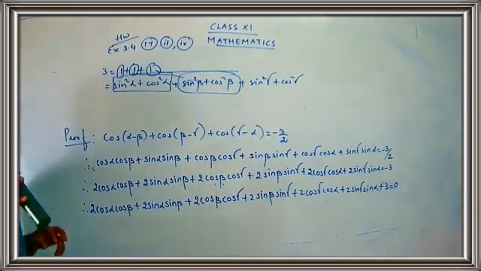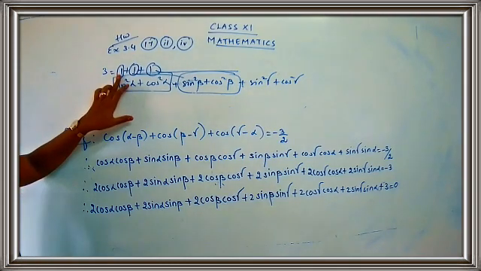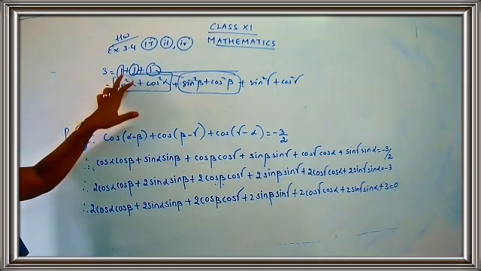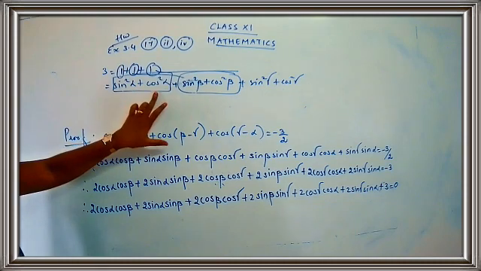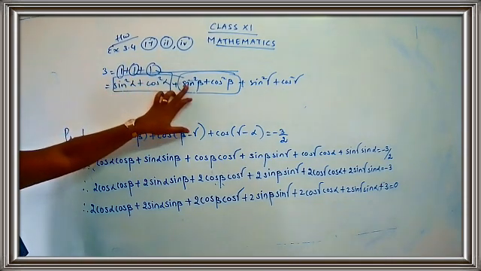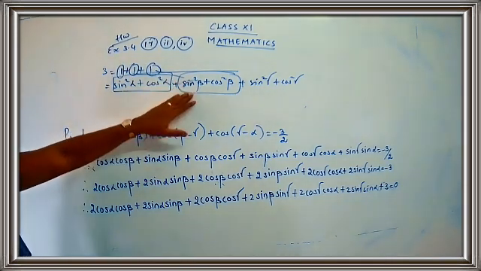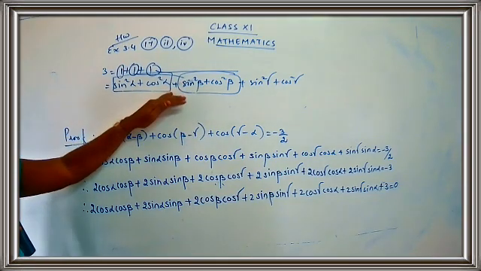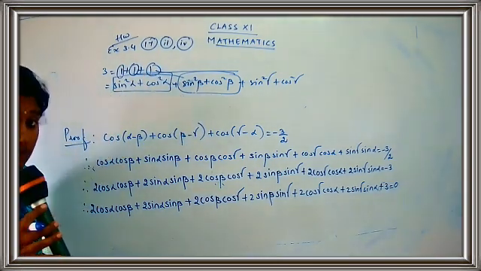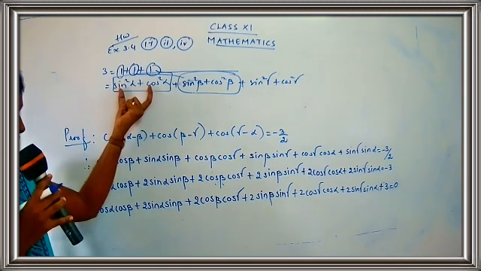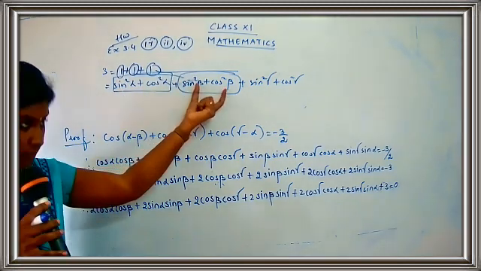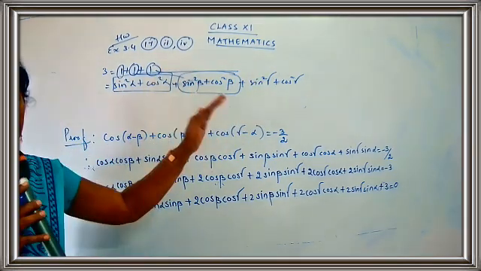Getting the point, children? So for this one, you're going to replace it as sin square alpha plus cos square alpha. This one you can replace as sin square beta plus cos square beta, because you know that sin square theta plus cos square theta is equal to 1. So this is 1, 1, 1. So 1 plus 1 plus 1, 3.